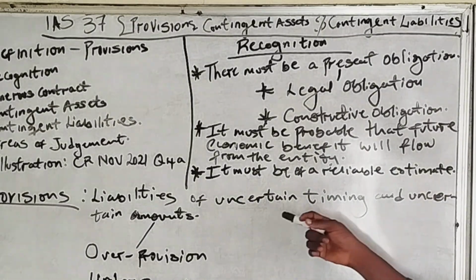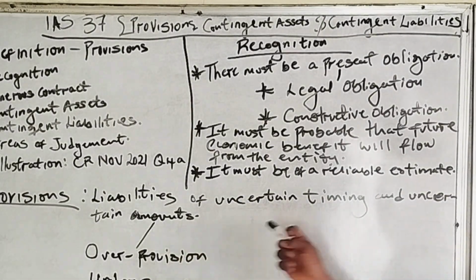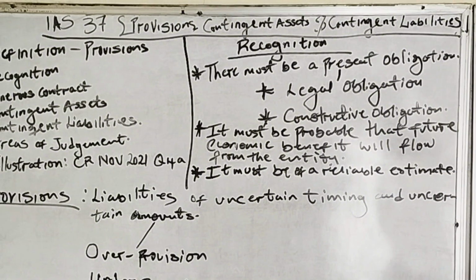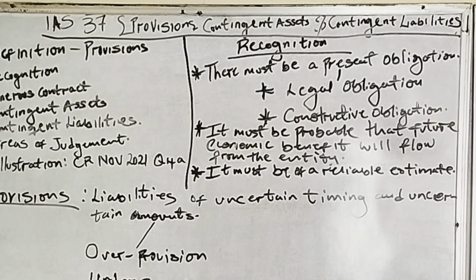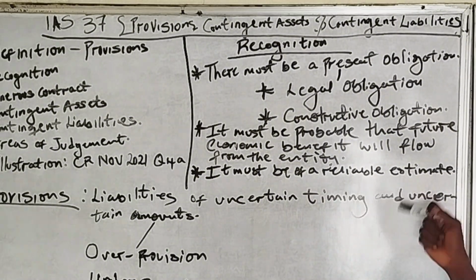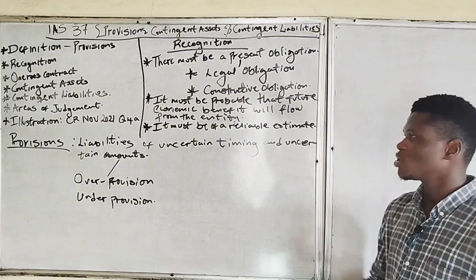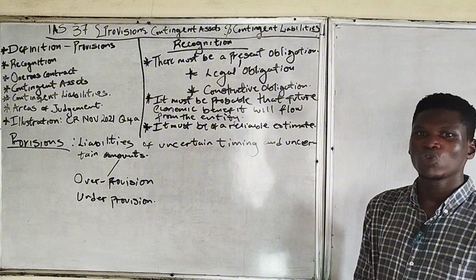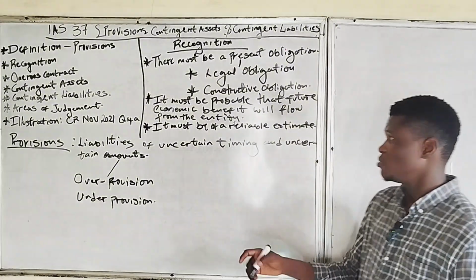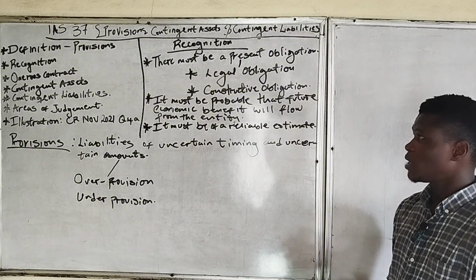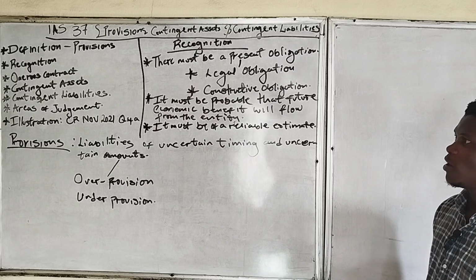We said we have an uncertain timing and an uncertain amount. We cannot actually predict this amount, but that amount must be reliably estimated. So it must be a reliable estimate. It must be the best estimate, even though it would not be completely perfect, but it must be reliably measured. So that's part of the recognition criteria for provision.